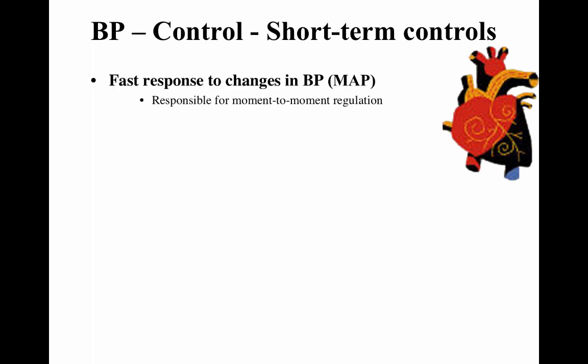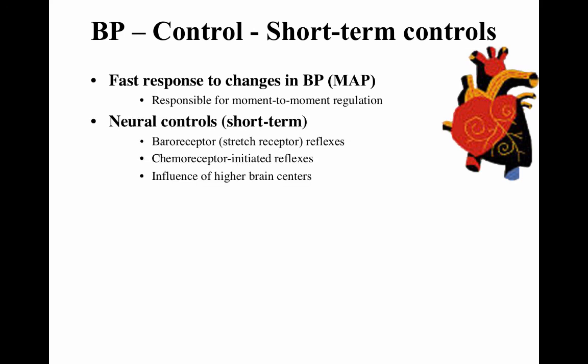Some short-term controls within blood pressure would be a fast response to changes in blood pressure or the mean arterial pressure. This would be responsible for moment-to-moment regulation of our blood pressure, where we see neural controls or baroreceptors, which are stretch receptors that exist in some of our large arteries, chemoreceptor-initiated reflexes, and the influence of higher brain centers that can quickly adjust blood pressure.